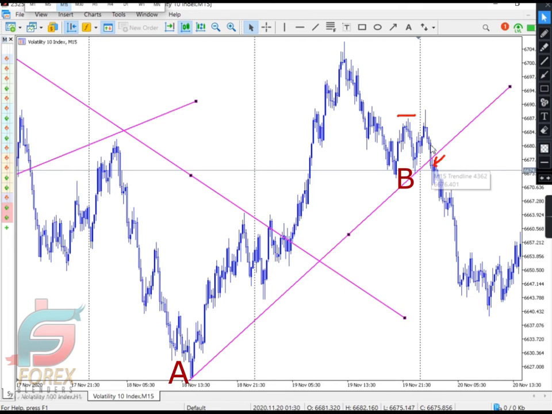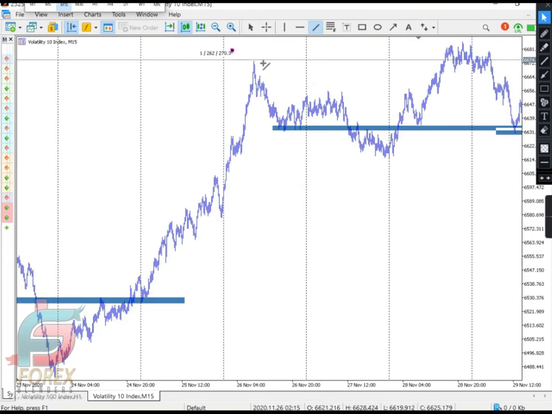So at this point B, there is that close below the trend line. Then you put your stop loss here, and your entry is there. Then you target 1 to 1. Okay, so you won. Maybe you could have lost this one, and then won the second one here.